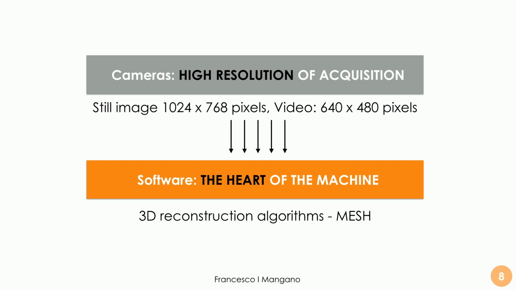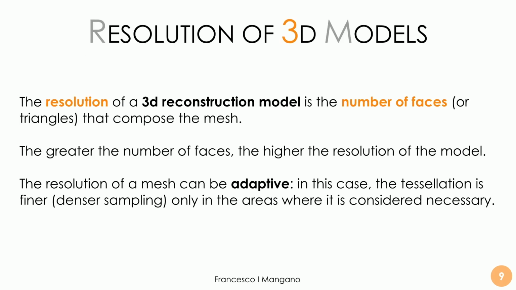And then I have the software. The software is the second, but the most important key element, the heart of the machine, because there are 3D reconstruction algorithms, and the software determines the mesh, and so the quality of the mesh, and so the number of triangles inside the mesh.